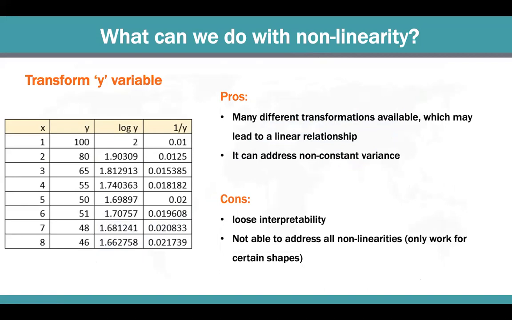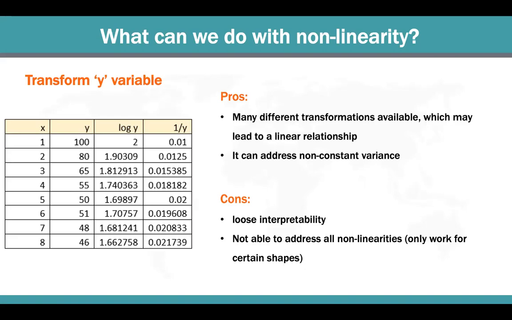Sometimes we need to transform the variables to make our data look more linear. What I mean here is, rather than working with the original variables, we can try to use some mathematical methods to do that.